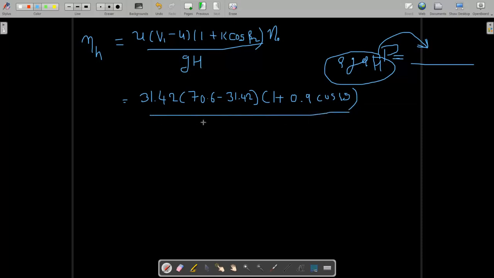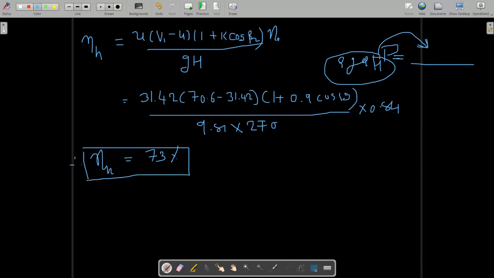G is 9.81, and H is net head, that means 270, and overall efficiency 0.84. So when you solve this, you will get 73% as the hydraulic efficiency. Okay, so this is the answer of our third question.